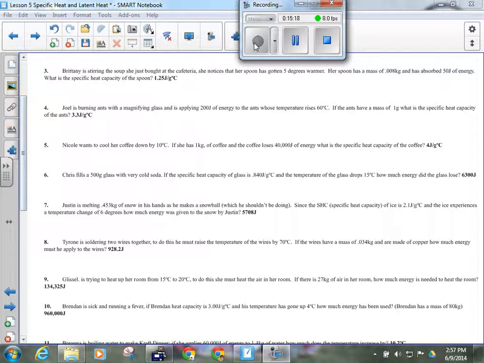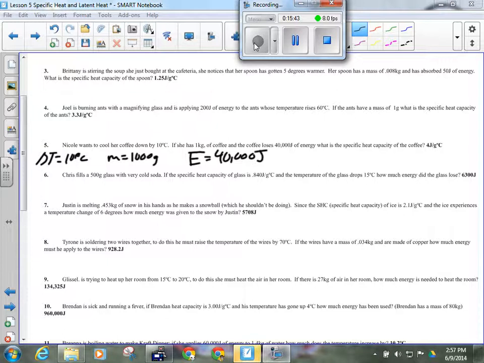On number 5, we want to cool down our coffee by 10 degrees C. That's delta T, 10 degrees. She has 1 kilogram of coffee. That's a whole liter of coffee, 1,000 grams. The coffee loses 40,000 joules of energy. What's the specific heat capacity of the coffee?